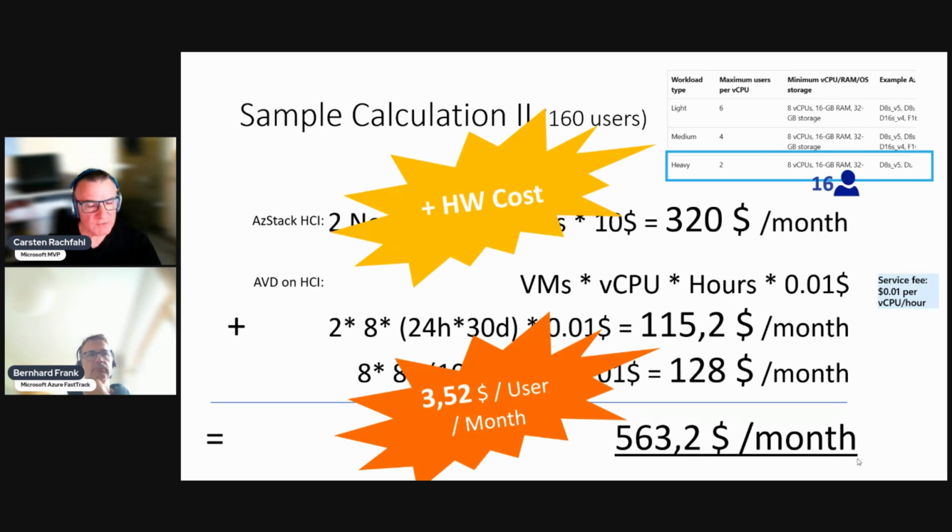But that's of course influenced by your hardware requirements. Imagine a machine with 3 terabyte of RAM, with 128 cores, with 200 terabytes of NVMEs, you get it, right? So it depends on your needs, but then we are not hosting 160 users. We have an environment maybe for 3,000 users, depending on what they do.